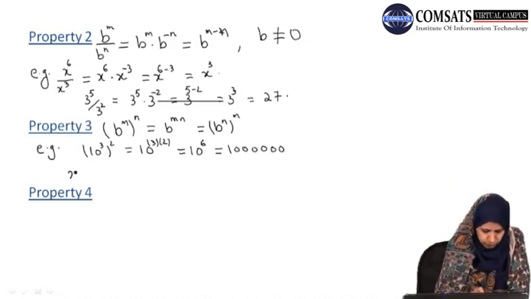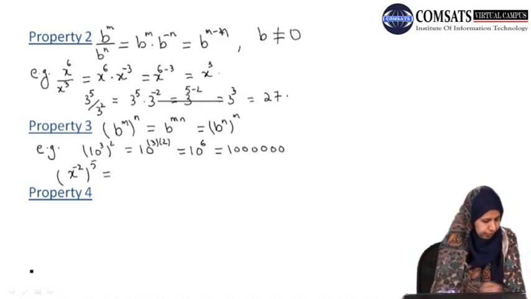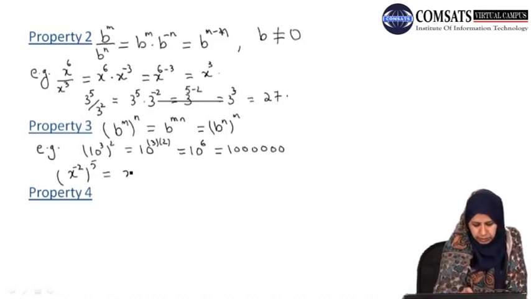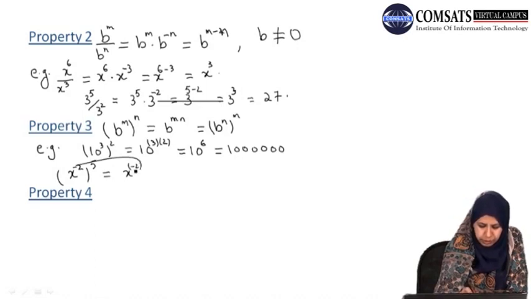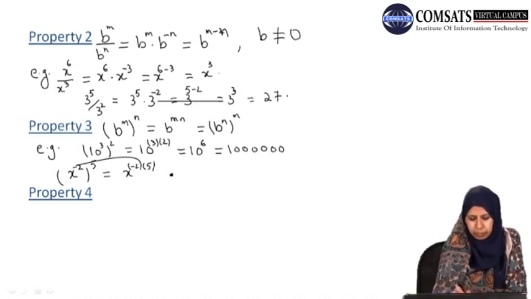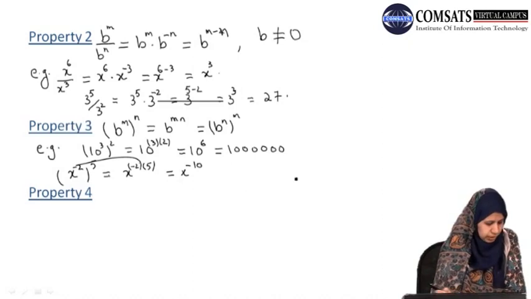Okay, one more example in terms of variables. We have x to the power minus 2 whole to the power 5. This we can write as x to the power minus 2 into 5, that is multiplying both the powers, and we obtain x to the power minus 10.